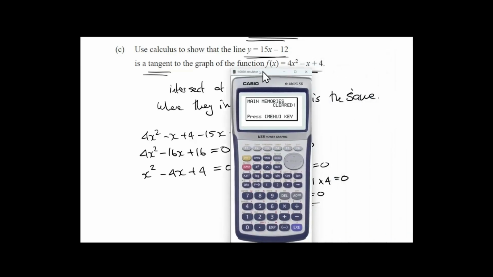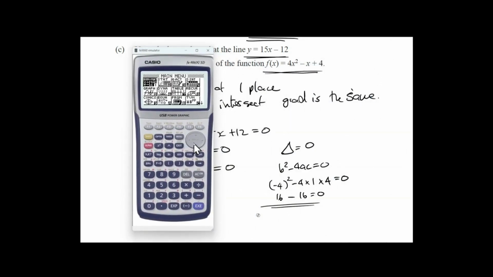Okay, let's put both of these lines into our graphing calculator. So 15x minus 12. And the other one is 4x squared minus x plus 4.